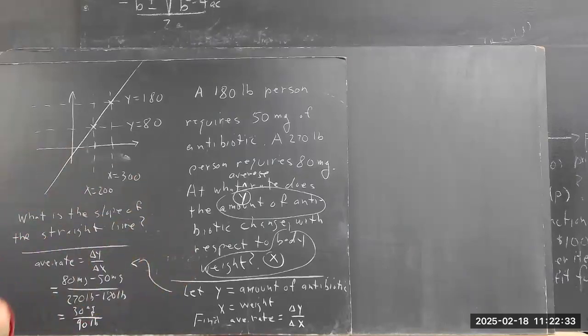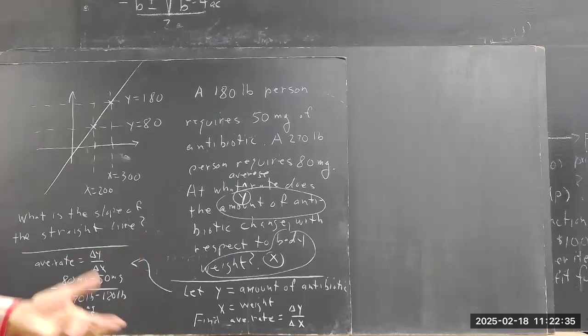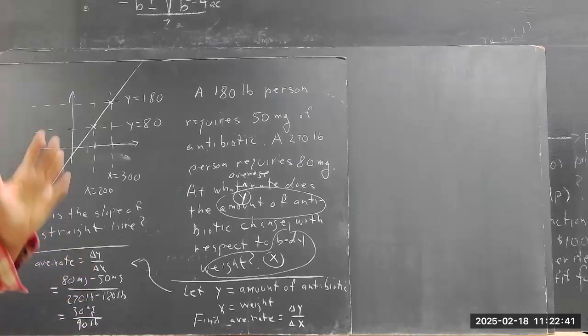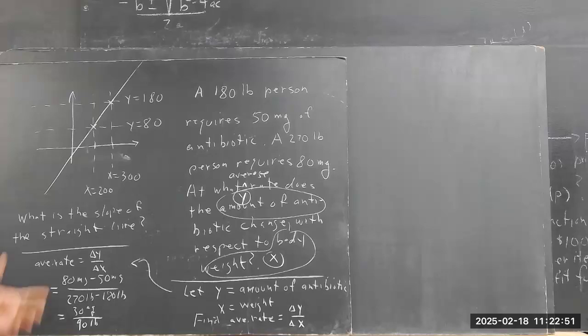Actually, you can't subtract pounds from milligrams. Technically, those aren't subtractable quantities. But they're usually done anyway.